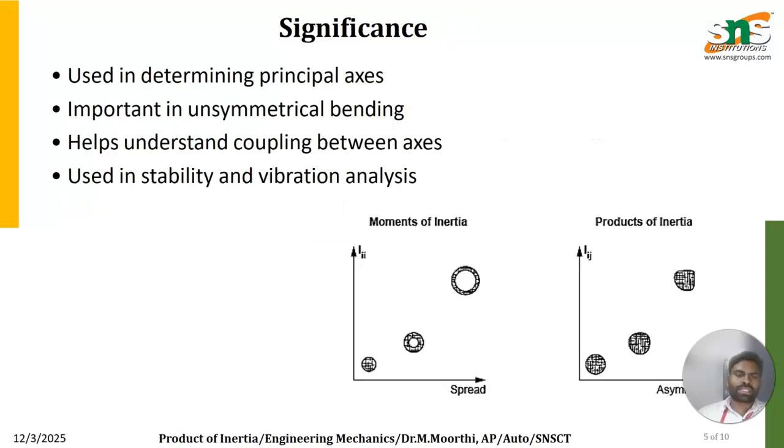Its significance: the product moment of inertia is used for determining the principal axes and is important in unsymmetrical bending. It helps to understand the coupling between the horizontal and y-axes, and is used to find stability and in vibration analysis of any object.